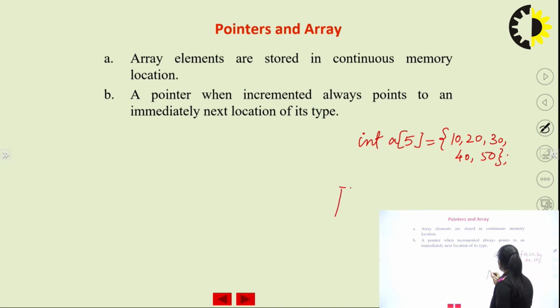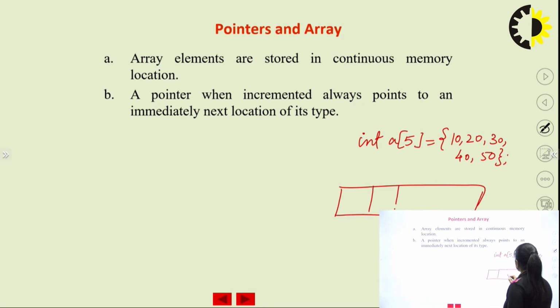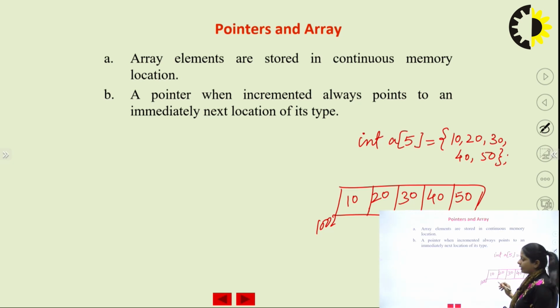How is this going to be stored in memory? 10, 20, 30, 40, 50, at continuous memory locations. Suppose the base address of this array is 1002, and it is an integer array, so each element takes 2 bytes: 1002, 1004, 1006, 1008, 1010 and so on.